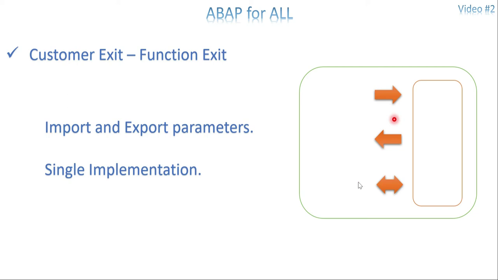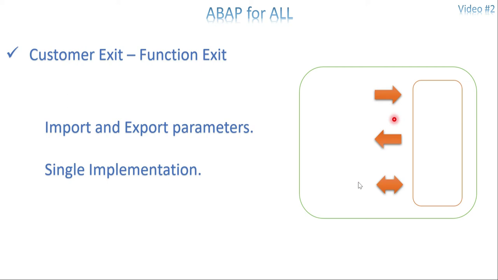There is a function module named exit underscore whatever it is. Inside that is an include program. So there is only one include program related to the particular exit. If you double click, it will ask you if you want to create it, just create it. If someone has already used it, it's nothing but implemented. It's already implemented by some other project, some other developer.